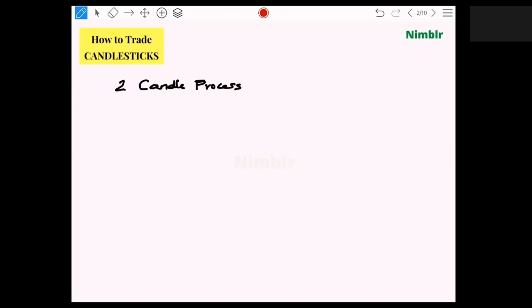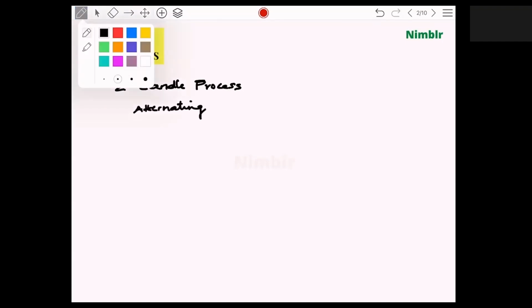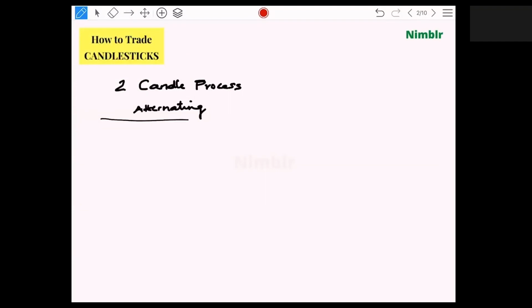Nothing beyond this. Throughout the program, for as many days as this goes on, we do around 12 to 13 sessions. It is just about the two candle process and how they keep alternating. That's all. This is what the program is.